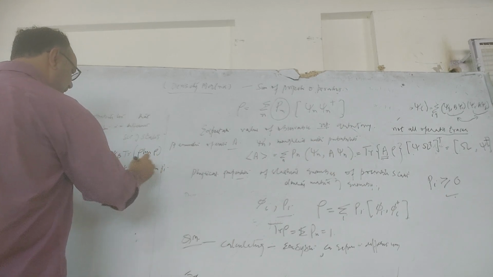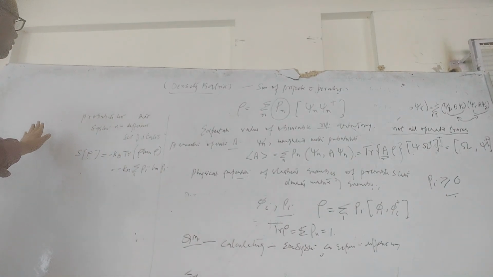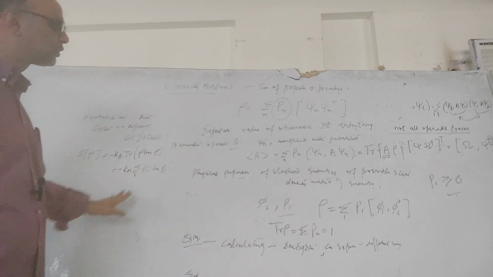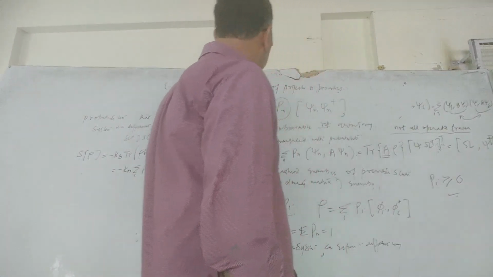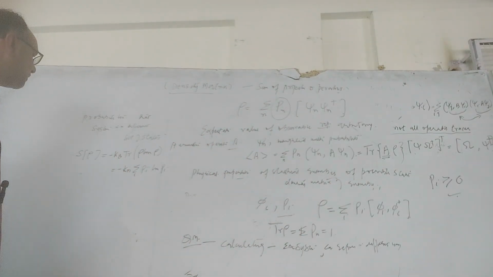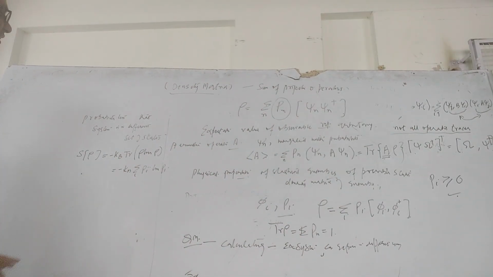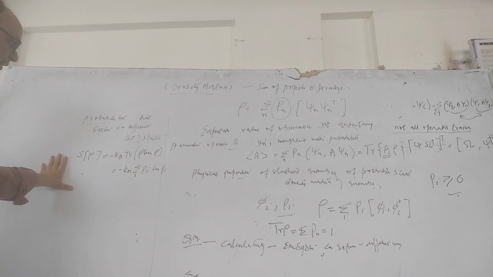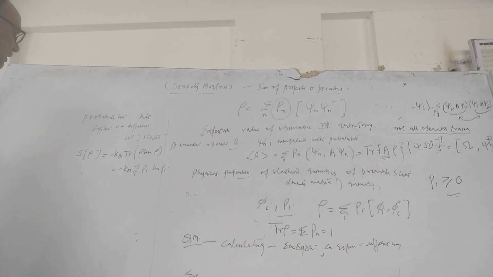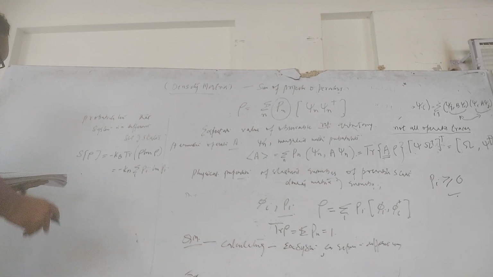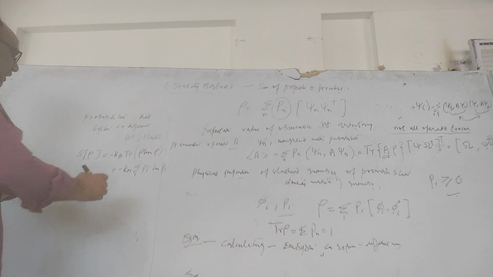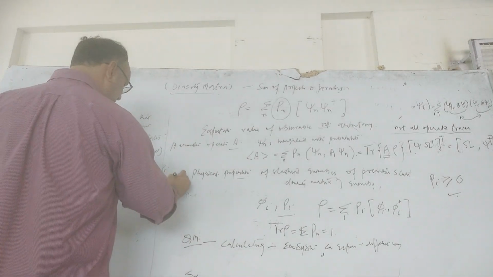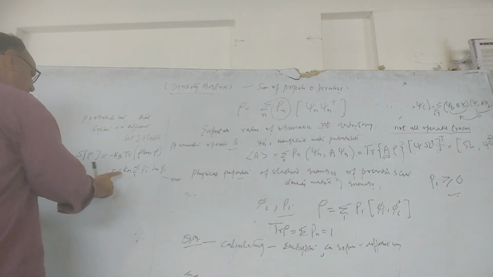It's not necessarily required, but you can study these projection operators or the density matrix as operators, and represent them like this. For pure states, p i will come out to be unity and S will be 0.